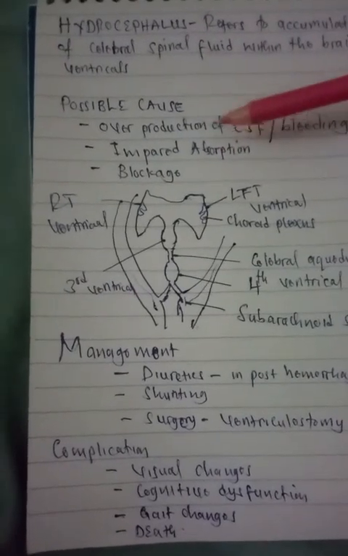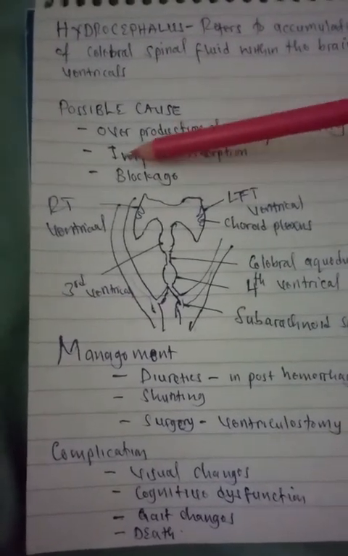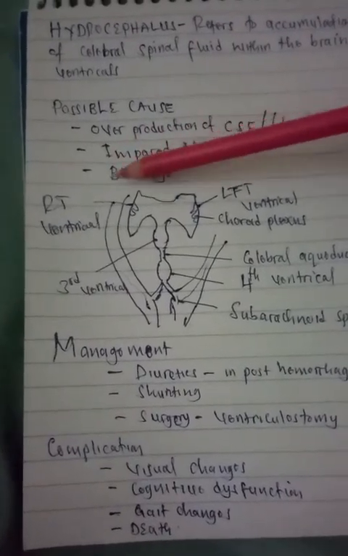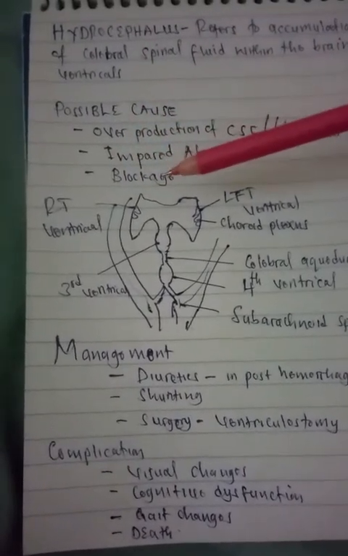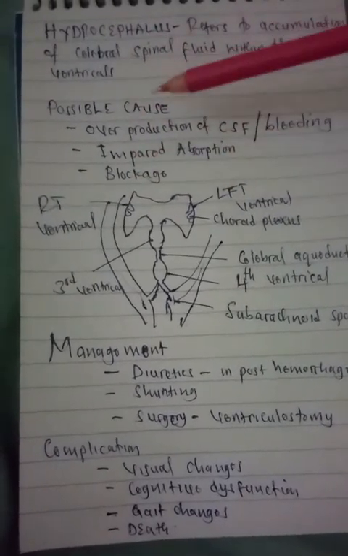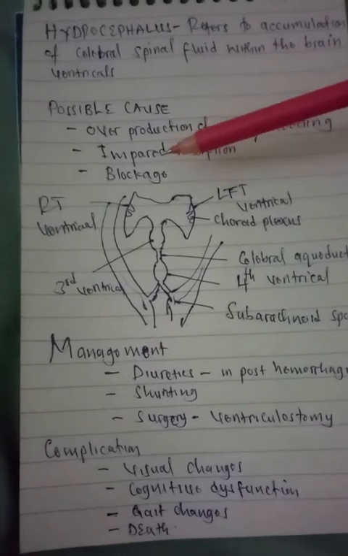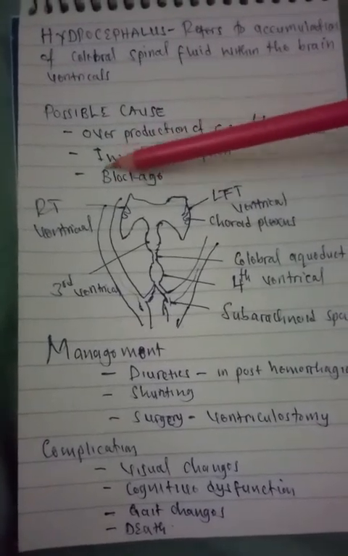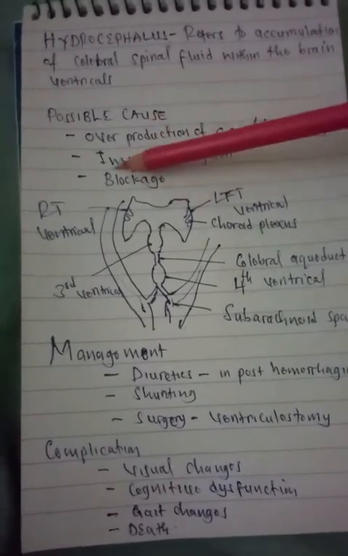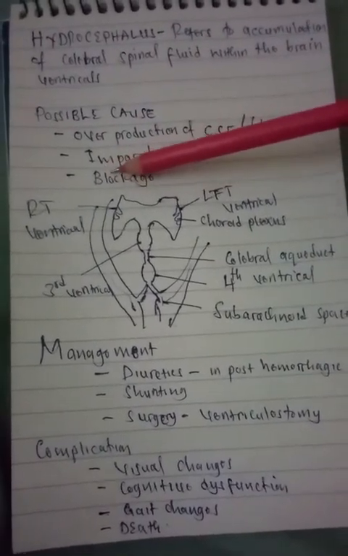But also from blockage we get another type, which is called non-communicating hydrocephalus. This is a hydrocephalus which results from an interrupted communication of flow of cerebrospinal fluid within the ventricles.